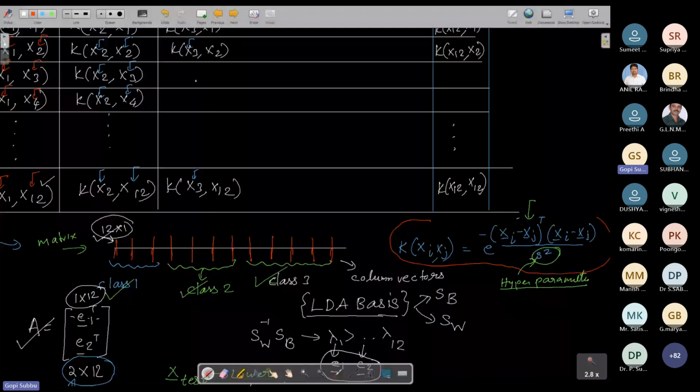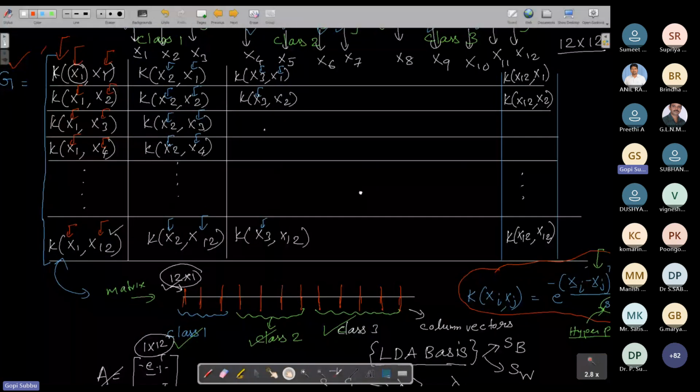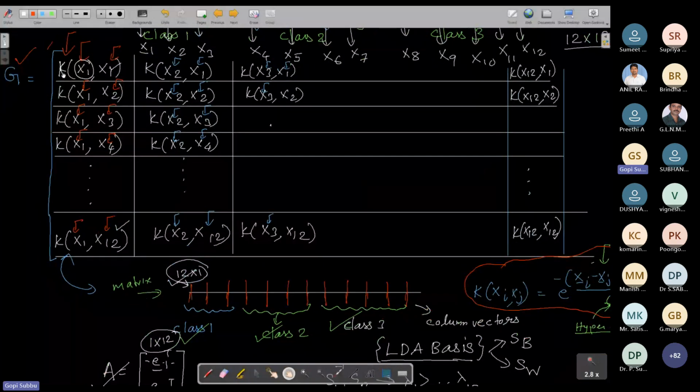By properly choosing the value of S as the tuning or hyperparameter, we construct this K matrix or G matrix here, like K of x1 comma x1, keeping that first vector fixed at x1 and then changing the second vector, x1, x2, x3 and so on up to x12 here. Similarly, in the second column, you keep x2 fixed and then change from x1, x2, x3 and so on. It goes in that way.